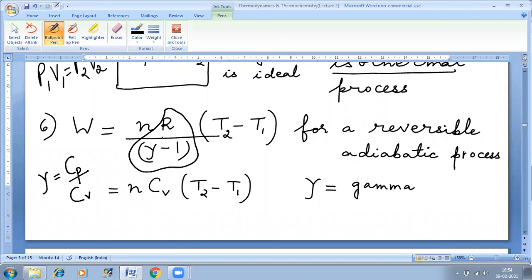That Cv is the molar heat capacity at constant volume. So I can write that W is equal to n Cv into T2 minus T1.